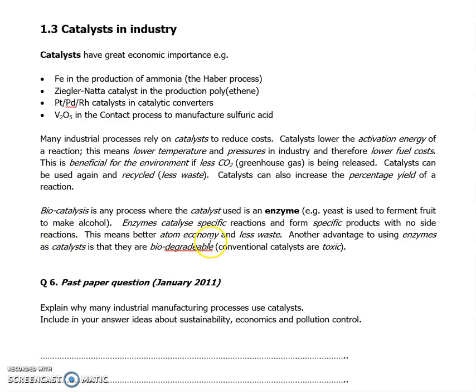This means there's a better atom economy and less waste produced. Another main advantage of these enzymes is that they are biodegradable, so you can usually boil them up in a bit of dilute acid or dilute base, and then they can be flushed down the sink.